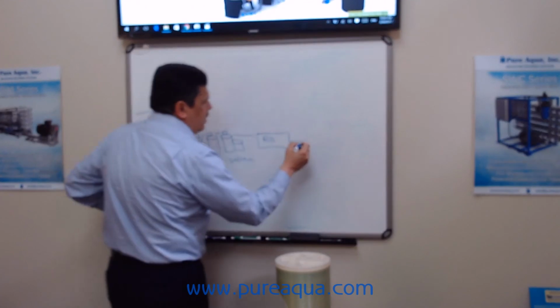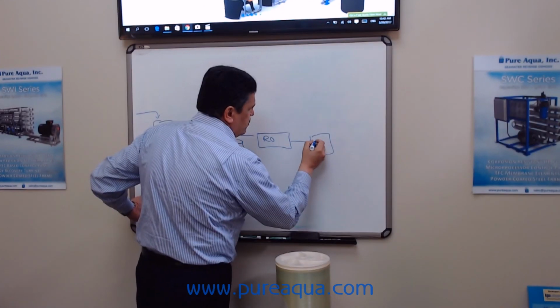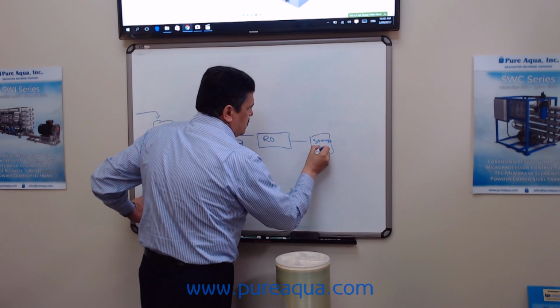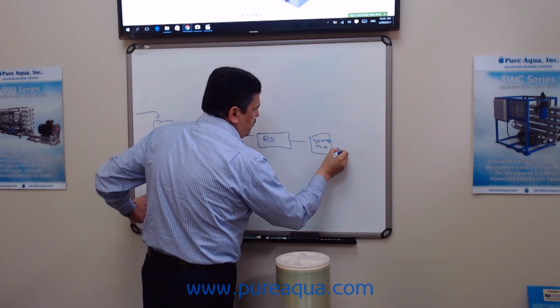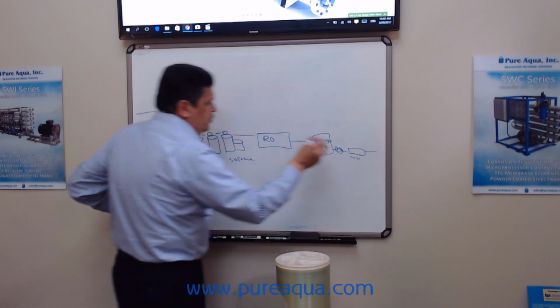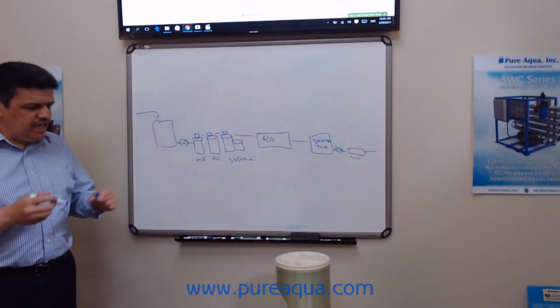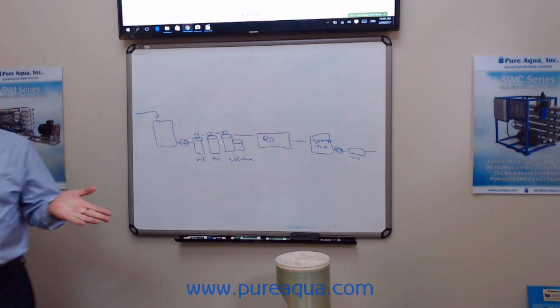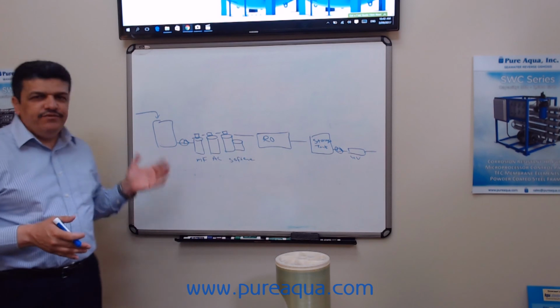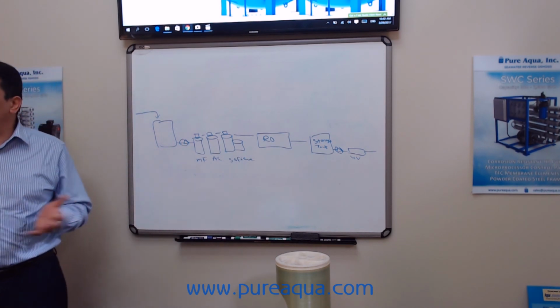And then after the RO, we're going to go to a storage tank. And then a distribution pump and a UV, and then to use. Now this is a very common example of a typical commercial reverse osmosis system that everybody would like to have to treat the water, to make sure the water is safe to drink.